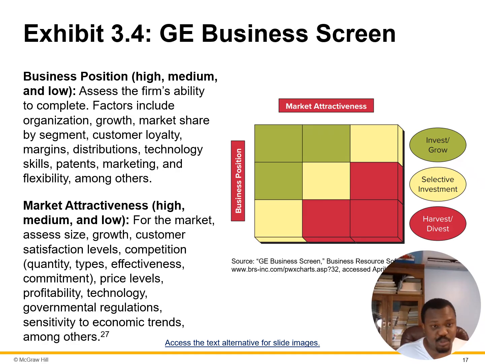Whether it's high, medium, or low, we have to assess the growth indicators.